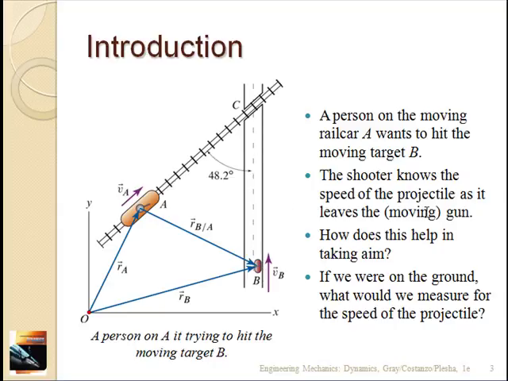Okay, so the shooter knows the speed of the projectile as it leaves the moving gun. So you know the speed relative to the moving gun, not relative to the road. And it turns out that by understanding the distinction between the two, you can figure out how to aim so you hit the object. Okay. And you could answer questions like if you're on the ground, what would you measure for the speed of the projectile, that sort of thing.